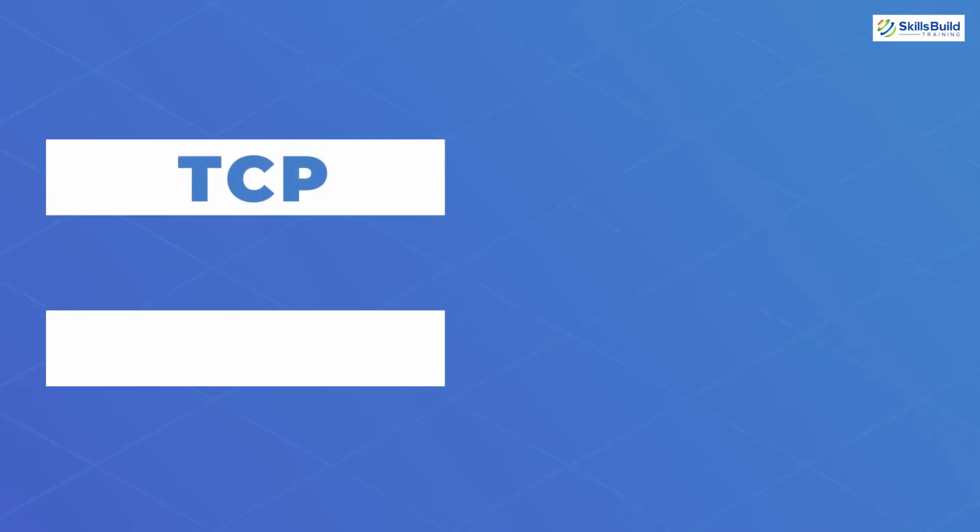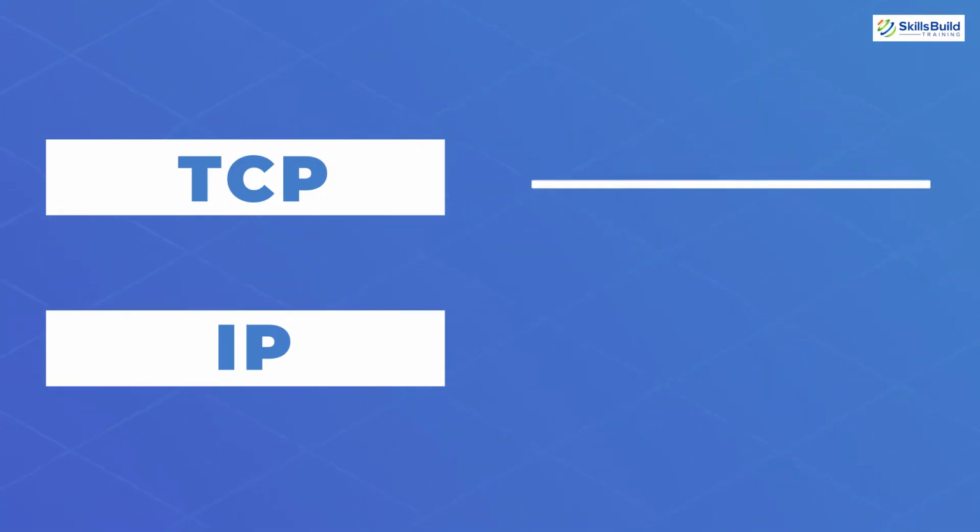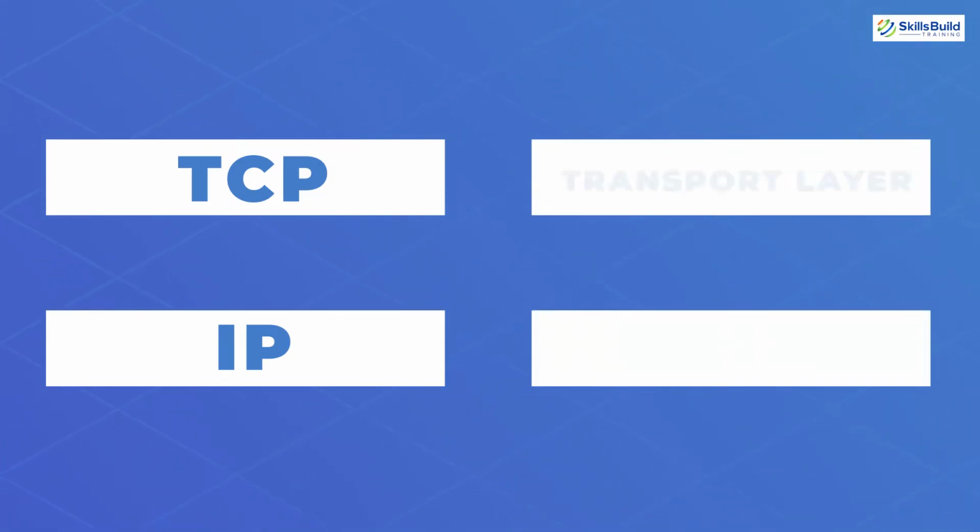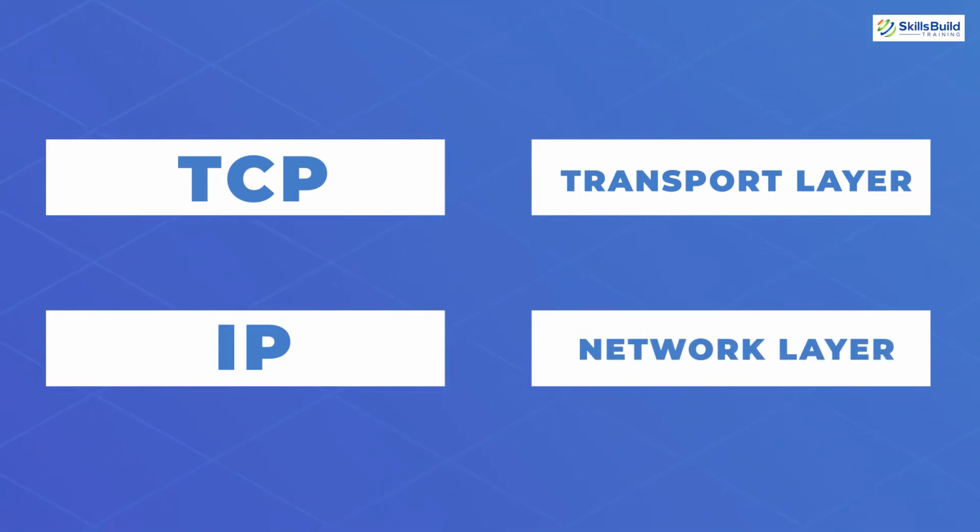But in reality, they both are different. They work on different layers too. As I have told you earlier, TCP works on the transport layer and IP works on the network layer. So let's see how they differ from each other in terms of their functionalities.